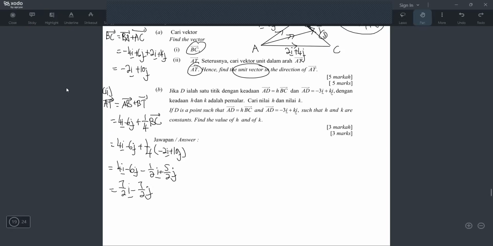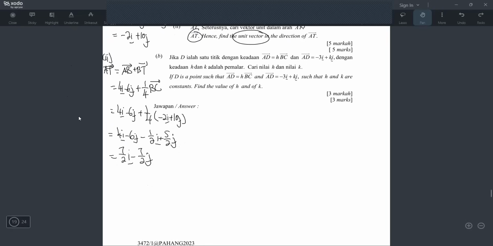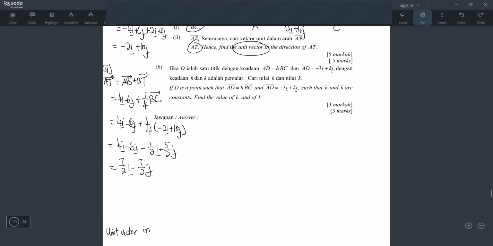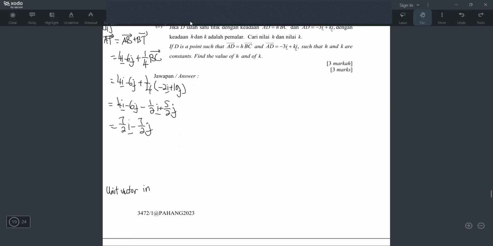Now I want to find the unit vector. Okay, when I find the unit vector, in direction of AT, right? So the unit vector in direction of AT.